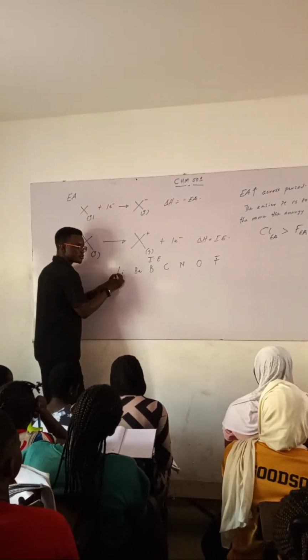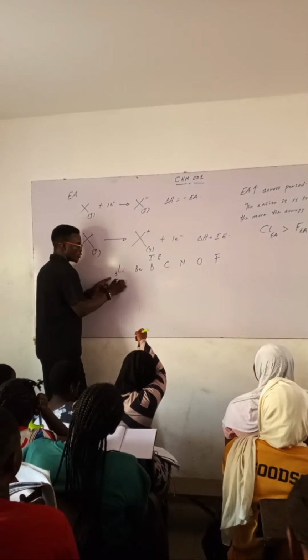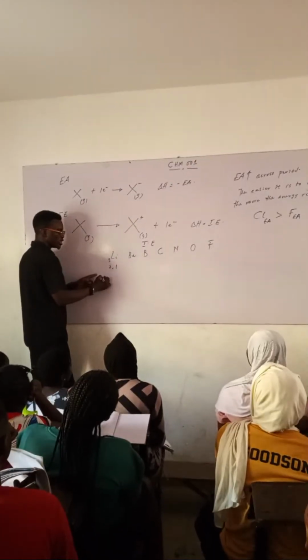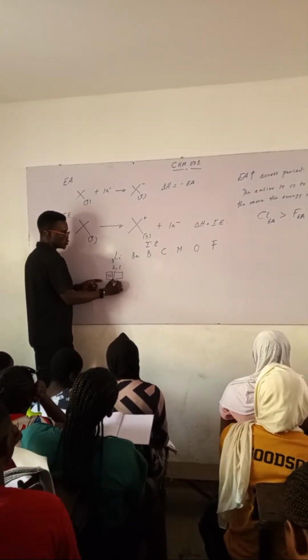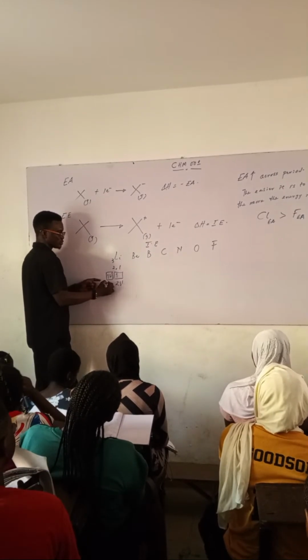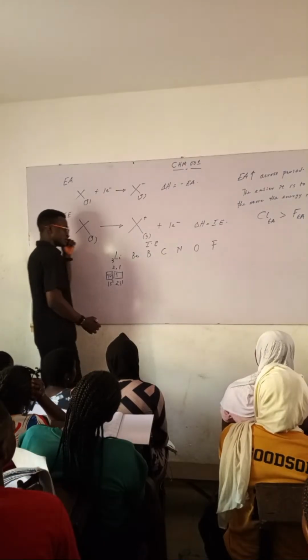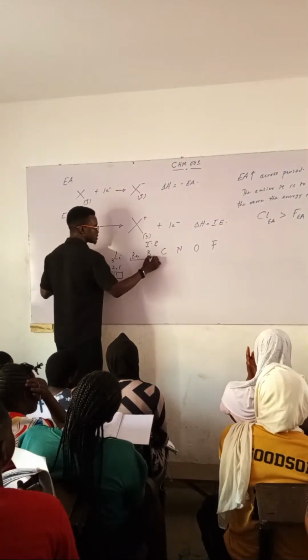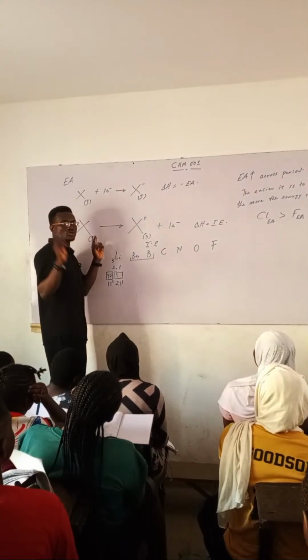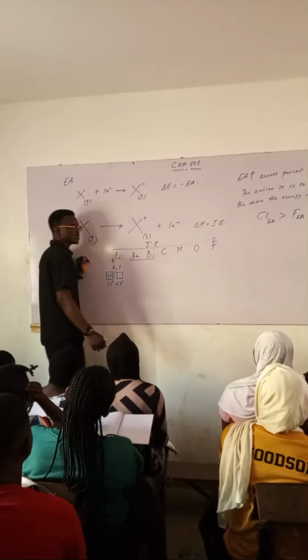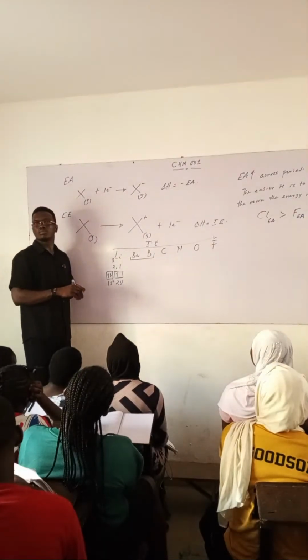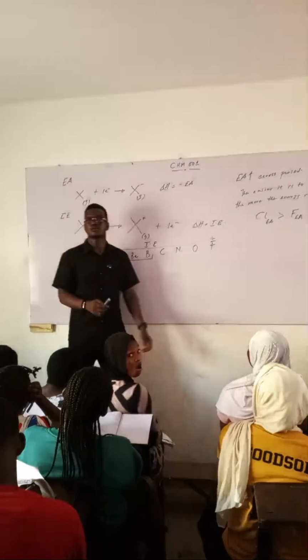This guy is 3, 2, 1. If you write the configuration, it will be like 1s2, 2s1. Now, between these two guys, normally ionization energy is supposed to increase this way. But there are exceptions too.